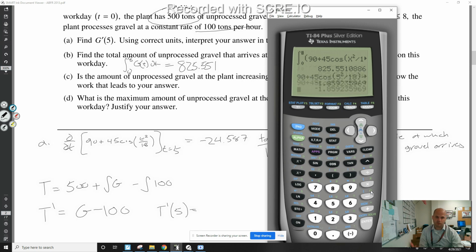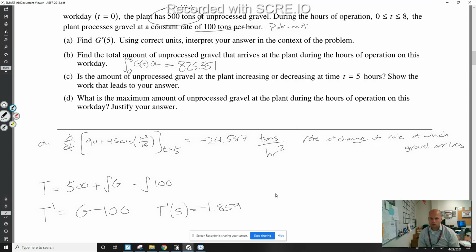We also could have just graphed it and looked. Negative 1.859. Okay, it's decreasing. T prime of 5 is negative.